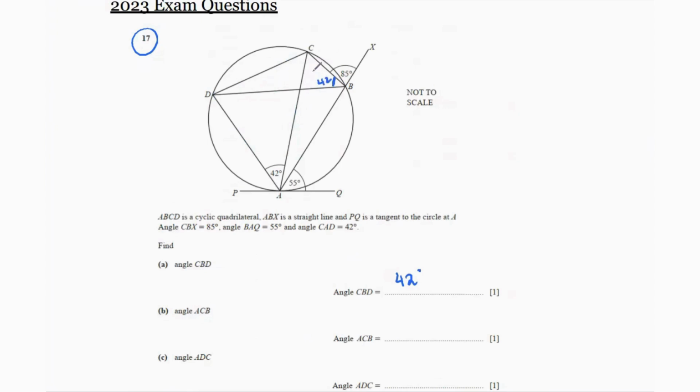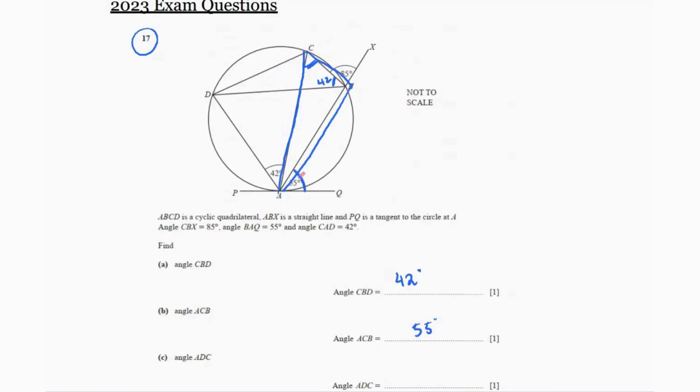That's 42. And this is what we're trying to find. ACB. That's going to be 55. Alternate segment theorem. There's a triangle inscribed in the circle. All three vertices are touching the circumference. So this angle is the same as this one.